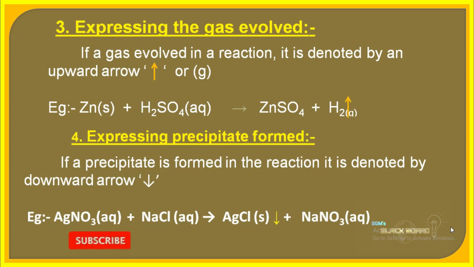If a precipitate is formed in any reaction, it is denoted by a downward arrow. That's why here, silver chloride is written with a downward arrow, showing that silver chloride is a precipitate formed in this chemical reaction.